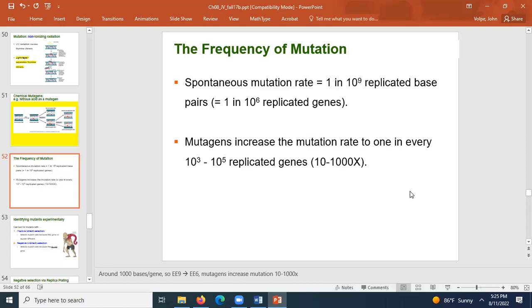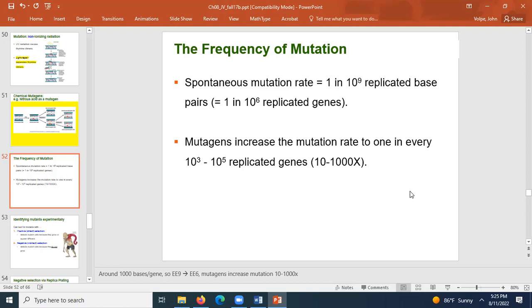Now, because a gene has about 1,000 bases, that means that there's 1 spontaneous mutation in 10 to the 6 replicated genes. Any question about any of that?